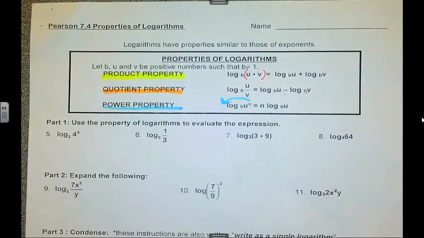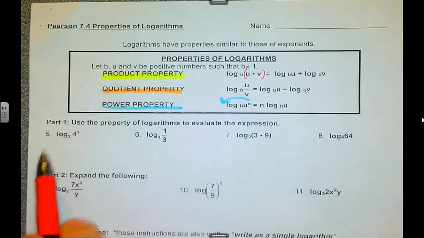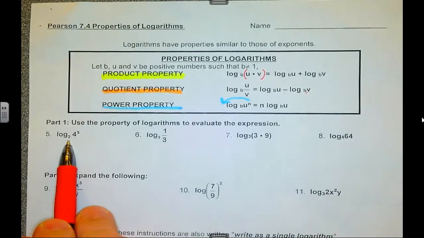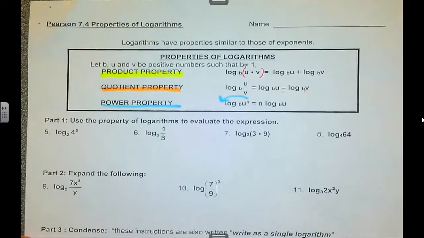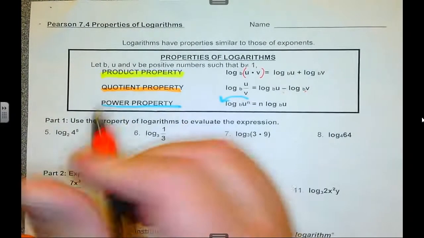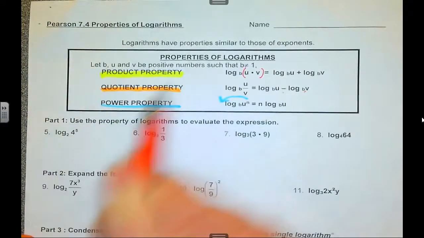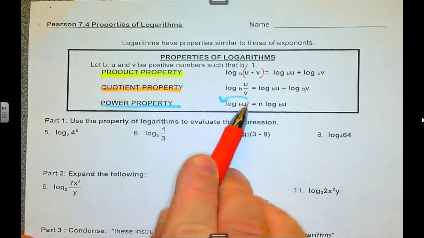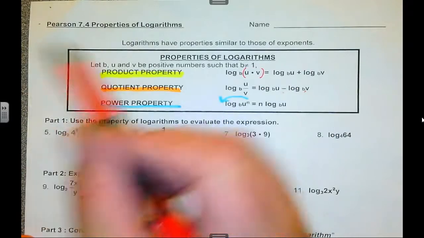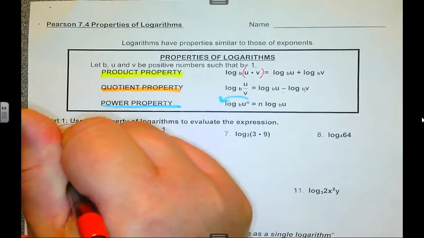All right, so let's use the property to evaluate the expressions. Number 5, I have log base 2 of 4 to the 5th. I'm going to use the power property. I'm going to bring this power to the front.